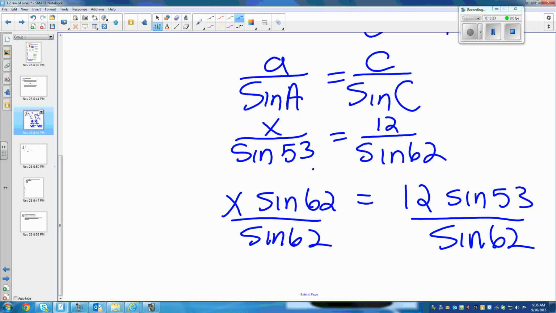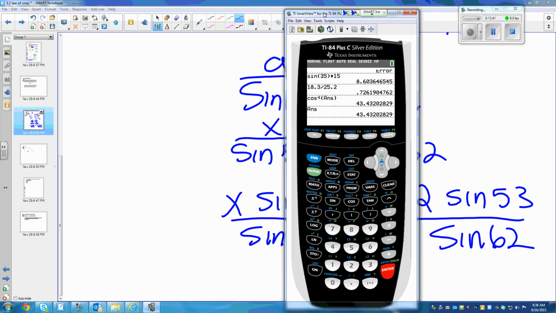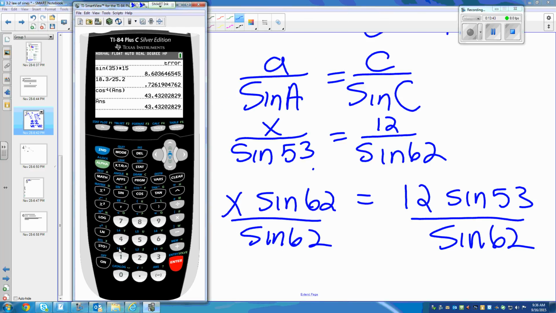So what I would try and do is try and get x alone first, if you can, and then enter it into your calculator. Okay? So I'm going to pull up my calculator here. I'm going to go 12 times the sine of 53.